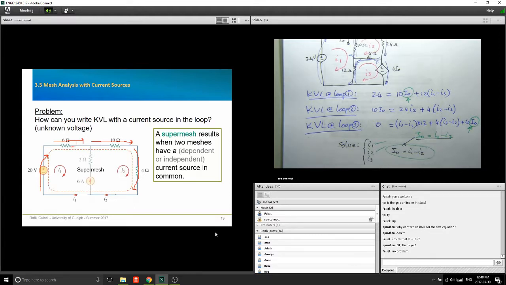So I have to be careful that in here you have this mesh current of I1. And then when you go there, you have the mesh current I2. So your drop now is going to be 10I2. Okay? And then you keep going. So wherever you are in the super mesh, you have to still write in terms of your mesh currents as you normally would.